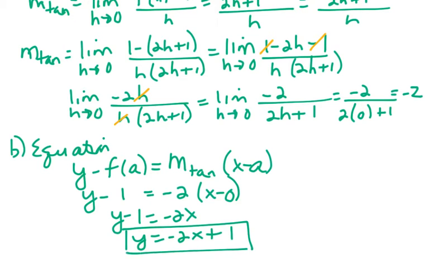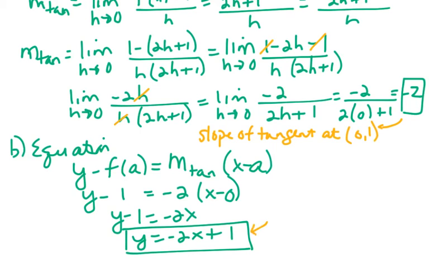So that's what we found up here, just so you know what you're finding. That's the slope of the tangent line at the point 0, 1.